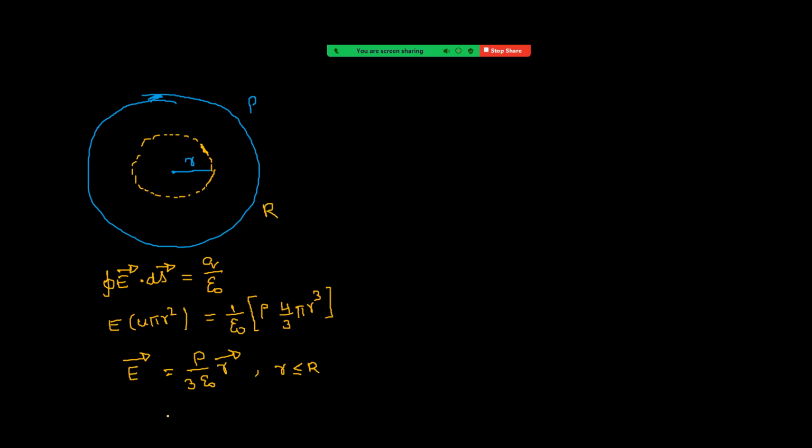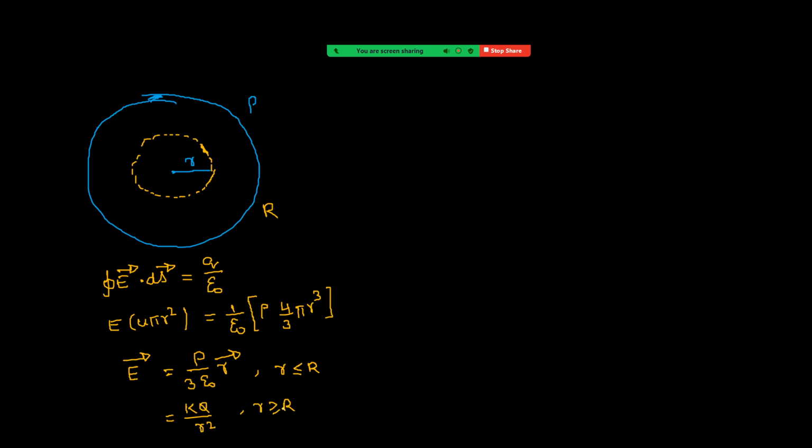If you are taking a point outside, it will be kq by r square, where capital Q stands for the charge of the entire sphere. This is the same as due to a point charge.